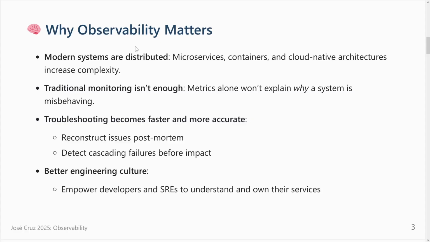Why observability matters. Modern systems are distributed. This is one of the main reasons. You have microservices, multiple servers, distributed servers, containers, cloud-native architectures, increased complexity. I mean, you have a lot of different systems with different types of logs, each with its own metrics, and you want to find a way to collect everything, concentrate it in specific places, and understand what's happening inside the system.